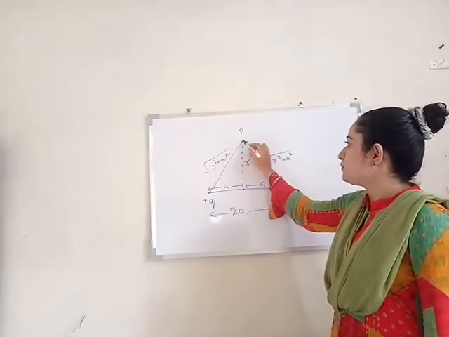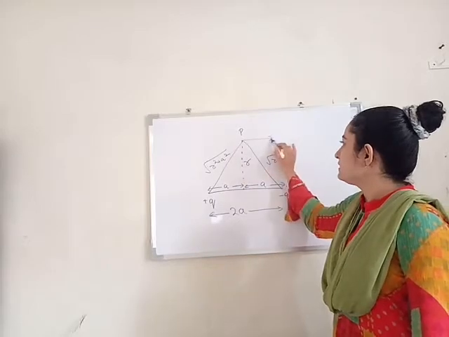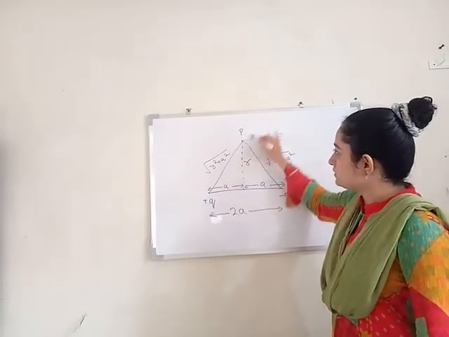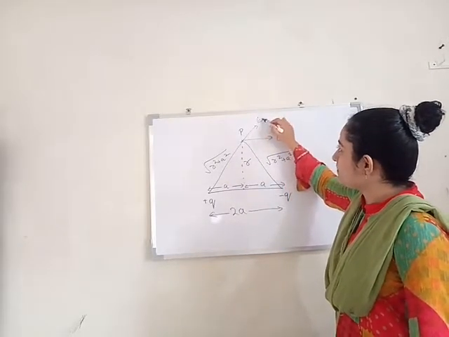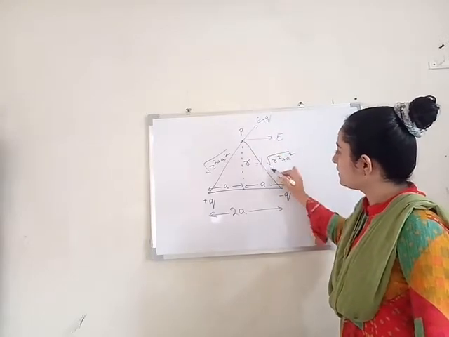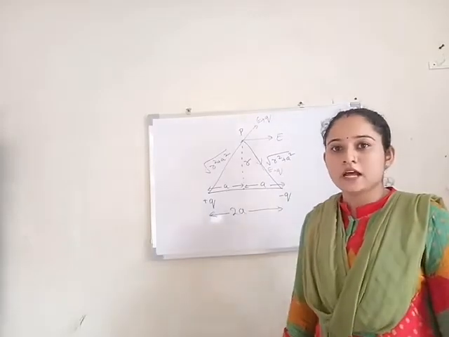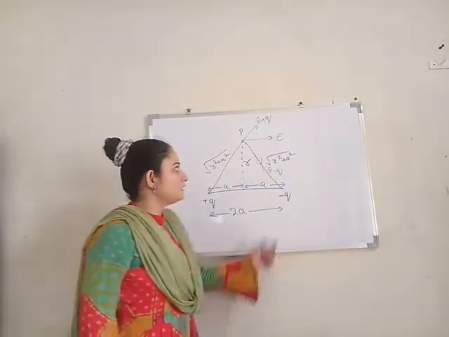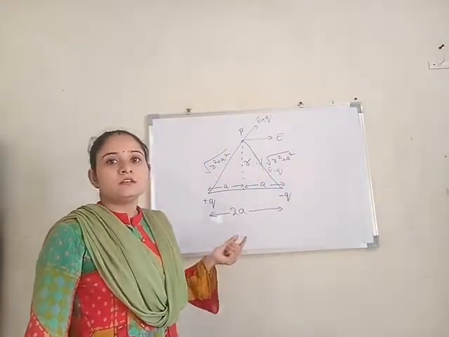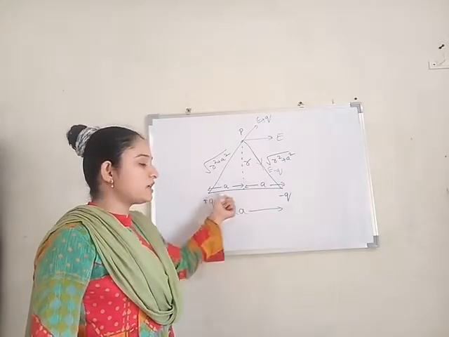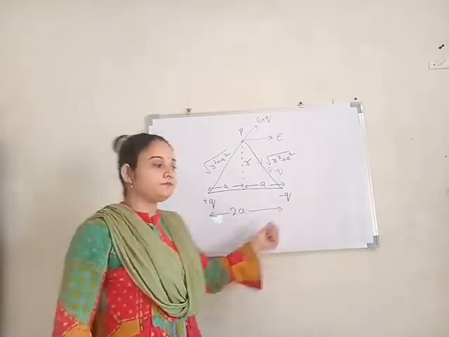The field produced due to plus q will be E plus Q, and due to minus q, E minus Q. Clear? Now we are going to write the value of E due to plus q charge and due to minus q charge.